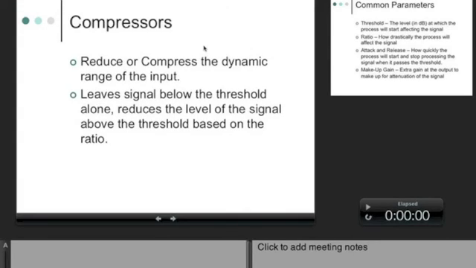So that answers the question, what is it really? Well, it's a dynamic EQ because it changes the amplitude of different frequencies in the sound based upon how loud the sound is. Right? So if it gets louder, it changes it more. If it gets quieter, it changes it less. It's a pretty cool device. And they didn't know that they were inventing this when they were just trying to control levels and volumes.